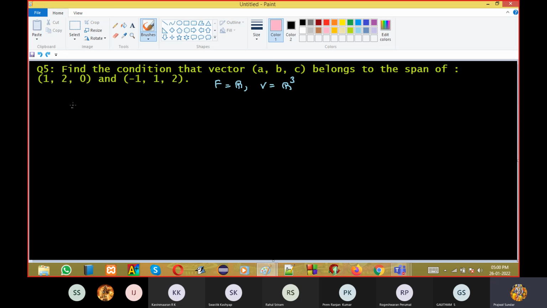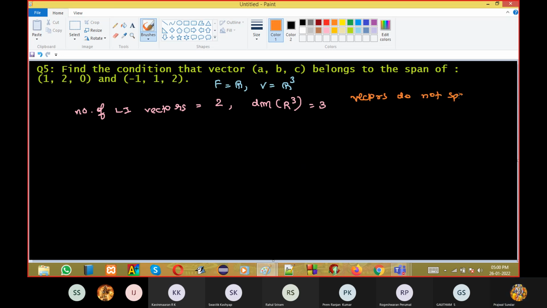You observe carefully. You're having number of linear independent vectors is 2. Okay, but dimension of R cube is 3. Meaning vectors do not span R cube, but I can say the dimension of the subspace will be 2, meaning a plane.